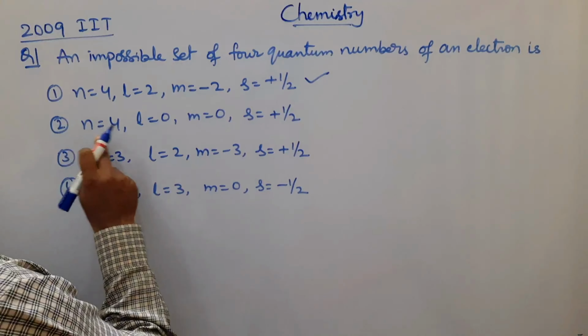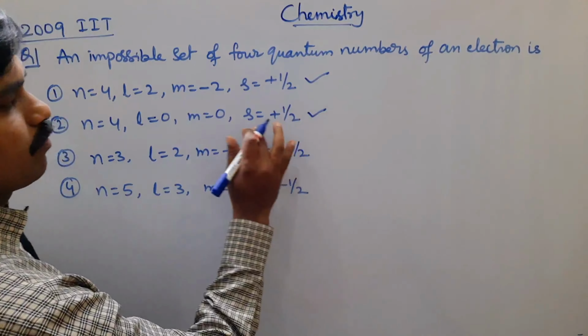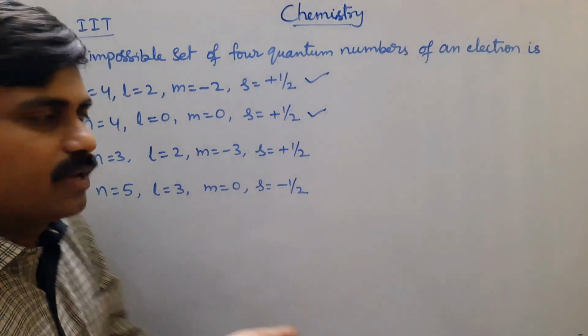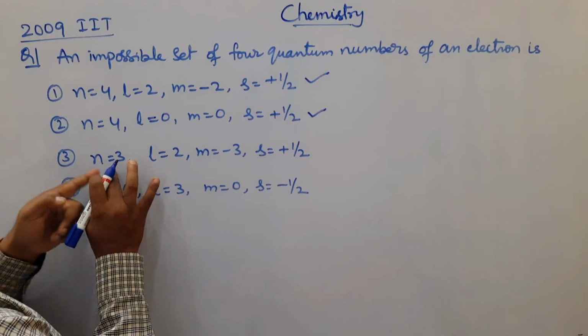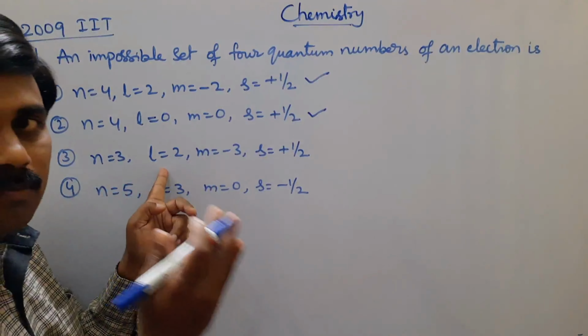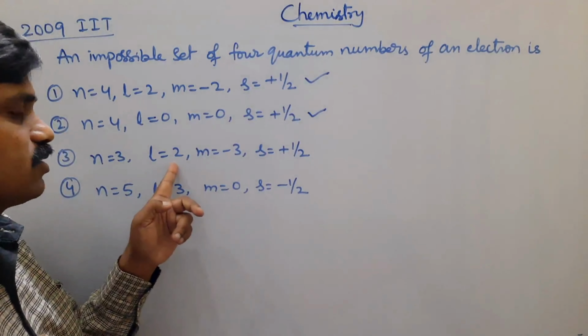Second one, n equal to 4, L equal to 0. If L value is 0, m is also 0. So this is also a correct statement, because spin quantum number may be plus half or minus half. In the third option, n equal to 3. If n value is 3, L value may be 0, 1 and 2 also possible. So L equal to 2 is correct.